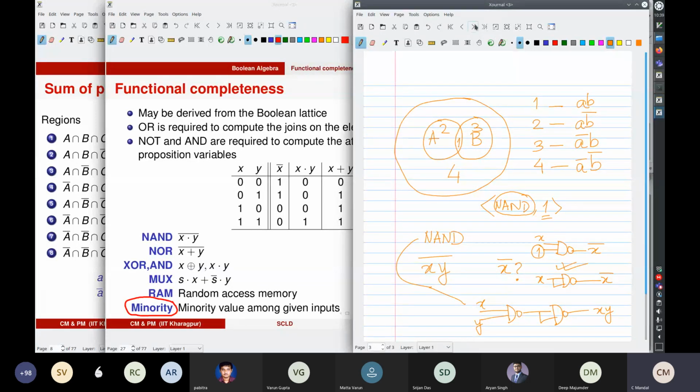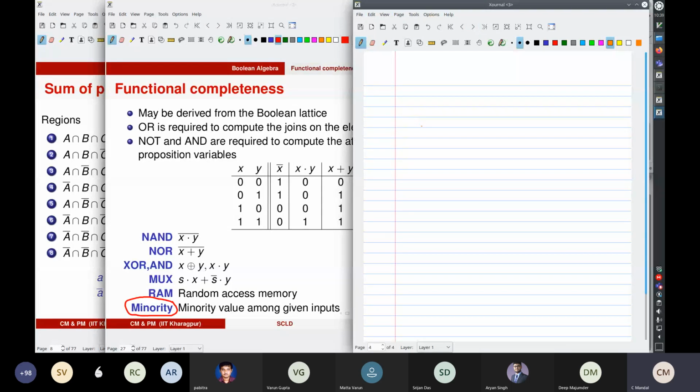Of course, we will put it in the assignments that you'll have to do. You consider two functions, the minority function and also the majority function, and consider their functional completeness.